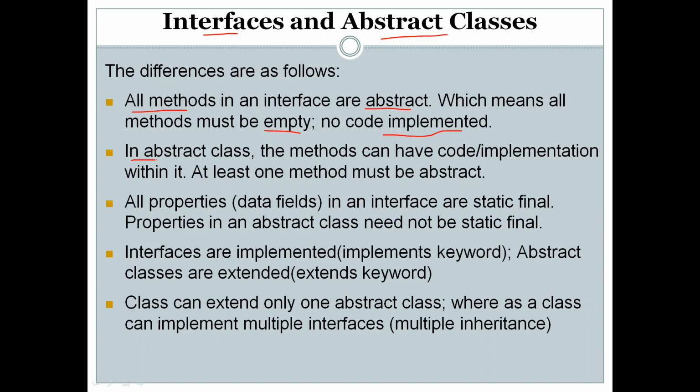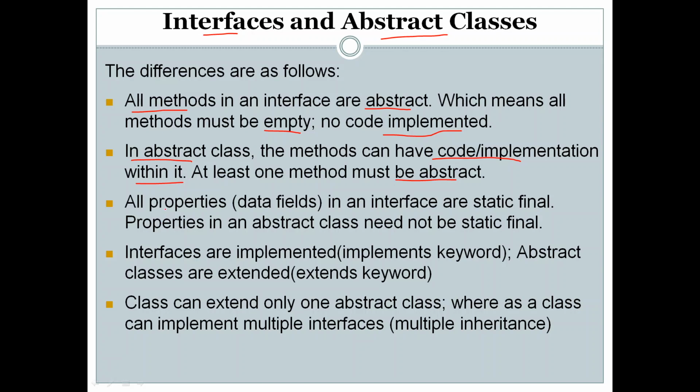In the case of an abstract class, the methods can have code implementation within them. At least one method must be abstract, but it is not compulsory to have all abstract methods. An abstract class may have a body for methods. So that is one difference.